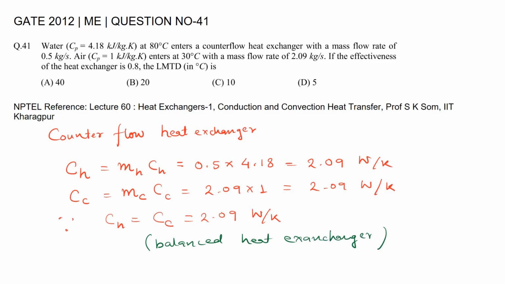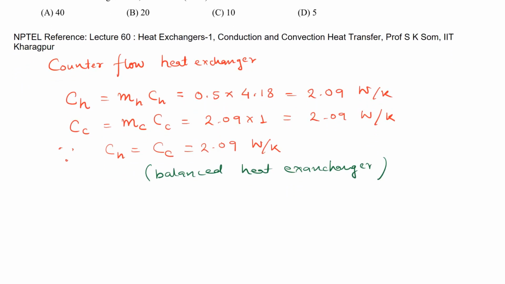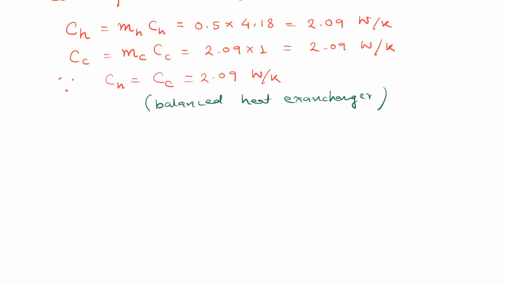Okay. Now before going further, let's see the diagram of temperature along the heat exchanger. In y-axis we represent the temperature, and along x-axis we represent the length of heat exchanger, let's say x. Okay, so let's say the heat exchanger is of some length L. Now the temperature of hot fluid will decrease, right?